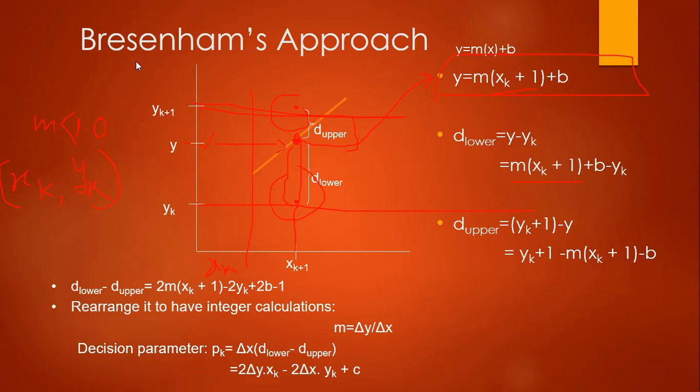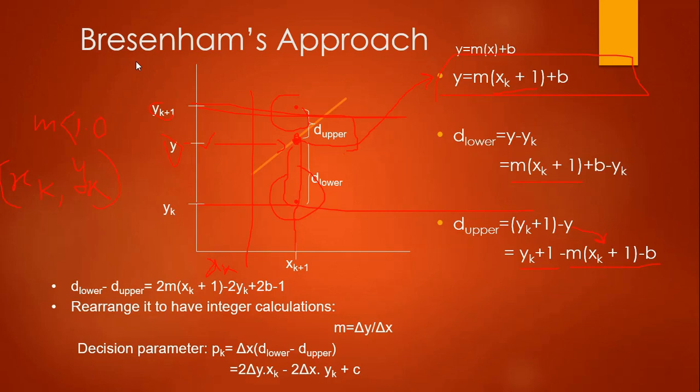The upper portion is given by yk plus 1 minus y. Again you substitute y from the previous equation, so it is yk plus 1 minus m into xk plus 1 minus b.